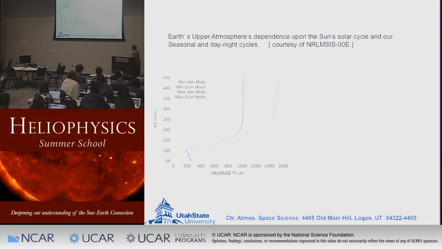Down here, it's all kind of one temperature. So we've got solar minimum, winter, summer, midnight, noon. And then we've got solar maximum, winter, summer, midnight, noon. So these are the extreme conditions, if you like, for solar illumination during a solar cycle.